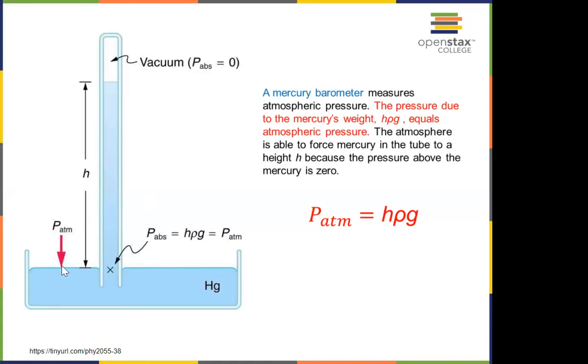So here and here, you should have the same pressure, because that's the same height. In that sense, pressure is sometimes referred to by the height of mercury.